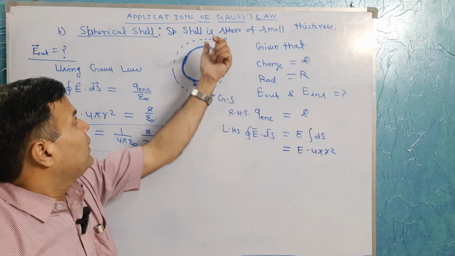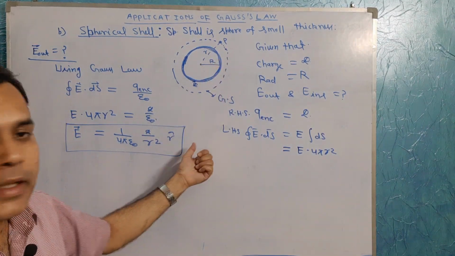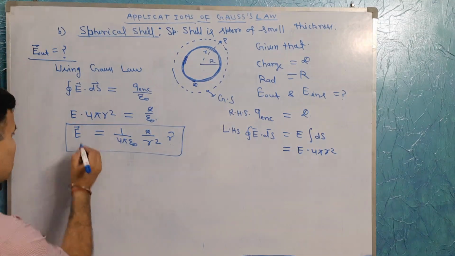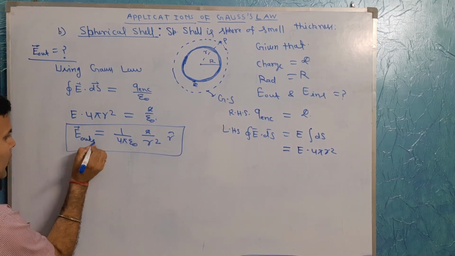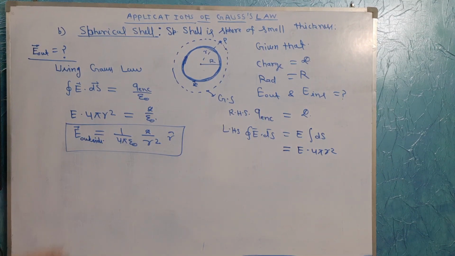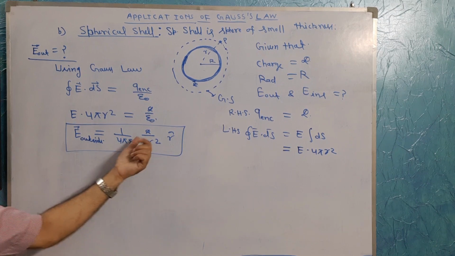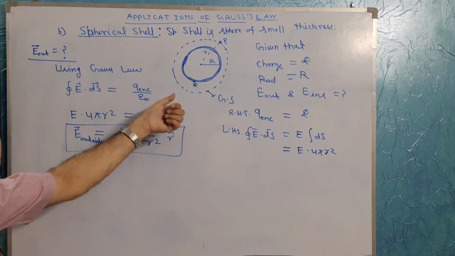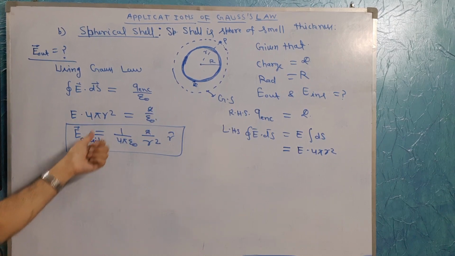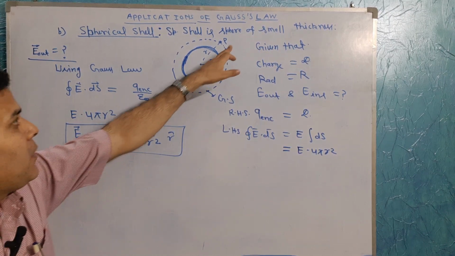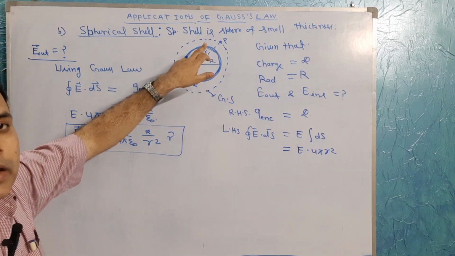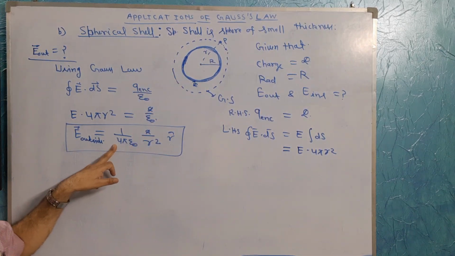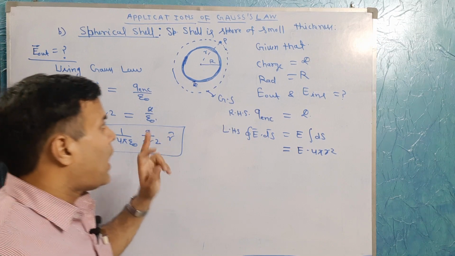So E outside, the electric field due to a spherical shell at any point P outside the shell, is 1 upon 4 pi epsilon 0 times Q by r square, which is a point charge profile.